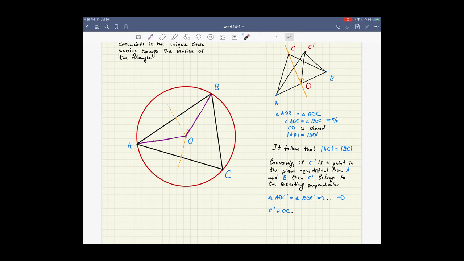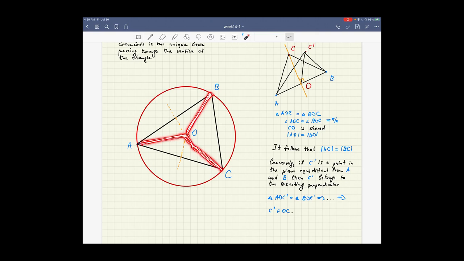But because it also lies on the bisecting perpendicular to the side AC, it's also equidistant from points A and C. Because of that, we conclude that the point O is equidistant from points B and C. This distance equals this distance equals this distance.